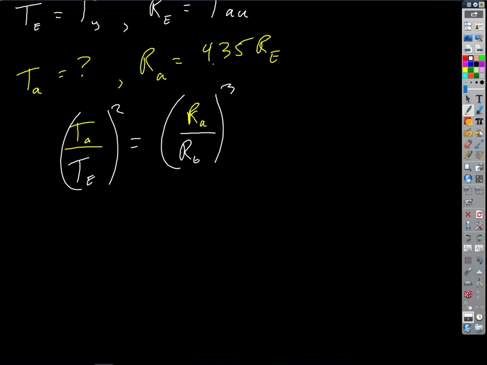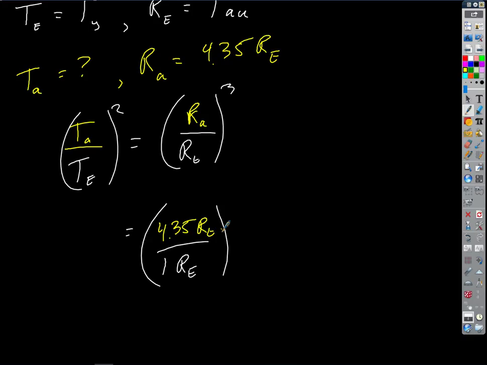We don't even need to. We could make the bottom 1 Earth radius, and on the top make that 4.35 Earth radius. And what happens? They cancel, right? So we don't even really need to have a unit here.